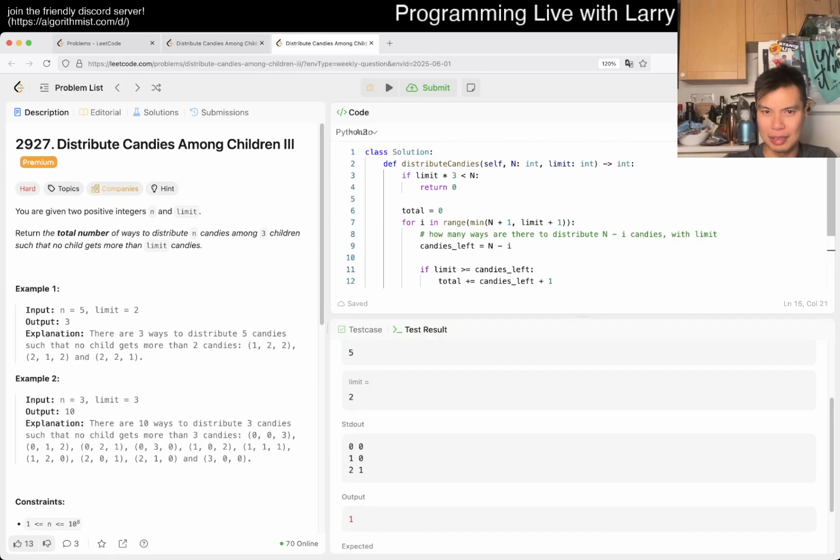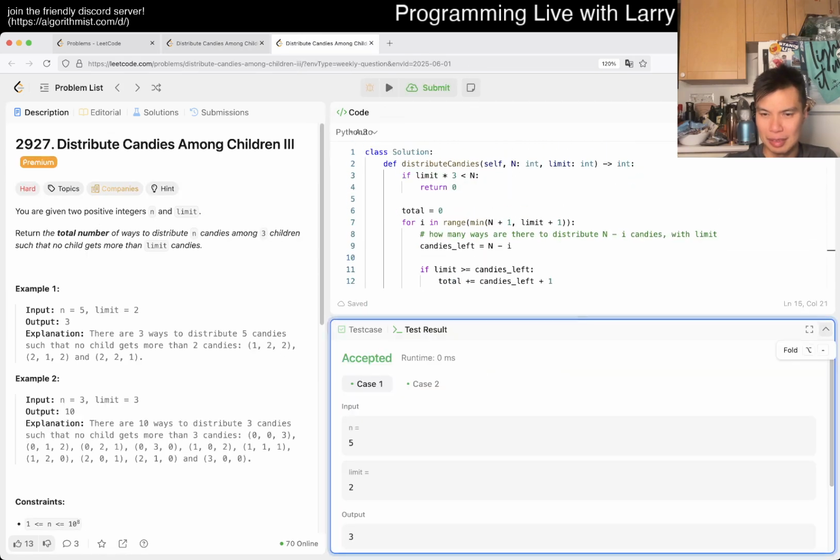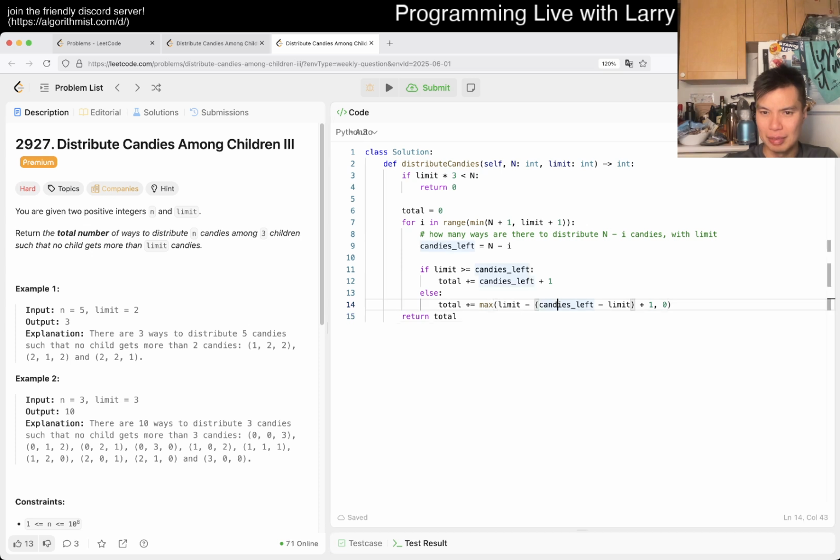All right, let's go back to here. All right, so that's right. But then why is this times 2 minus candies left? Why is this not right? Isn't that what I just did? I don't know what I did then. Maybe I did something weird and it was wrong. Okay. So we have this.